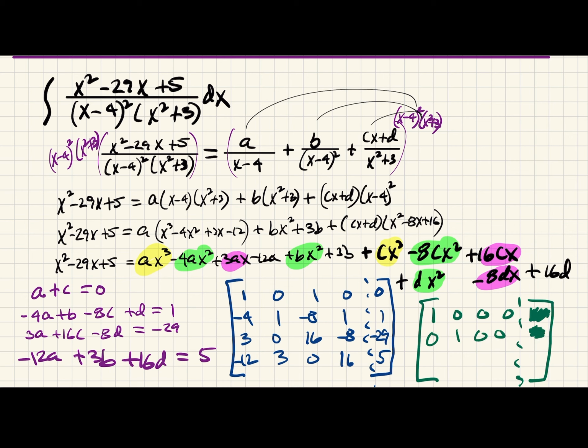And then 0, 0, 1, 0, and then some other number here, and 0, 0, 0, 1, and another number here. What would that last matrix tell you? A is equal to... Yeah, A would be equal to whatever that number is there. B, C, D. We'd know them all, wouldn't we?